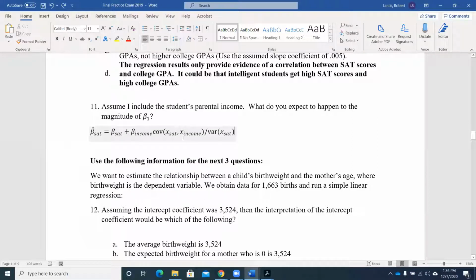I try to give examples like this where most people would expect these both to be positive. I'm not sure you could justify a story in this example for why they'd be negative, but if you did, I would take that assumption and grade the problem based on it. It's really just trying to sign this bias component that you know exists when you omit an important variable.